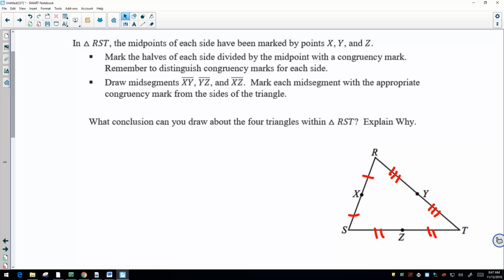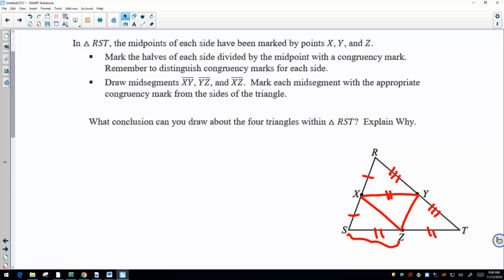So now it's going to ask us to draw the mid-segments. So if I connect the mid-segments, all 3 of them, and if I'm just thinking about this as a mid-segment, XY is a mid-segment of this triangle, so XY is going to be half the length of the third side. Well, half the length of the third side is going to be the same thing as saying the side length of SZ.